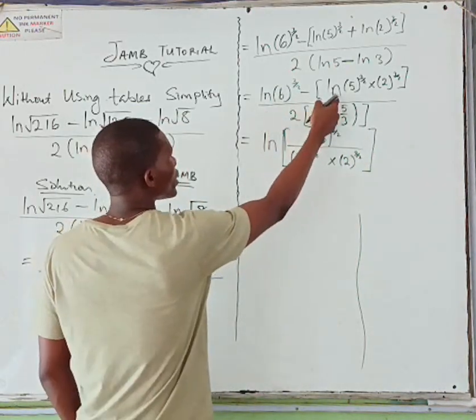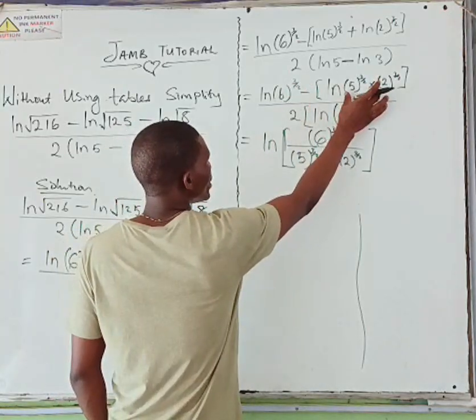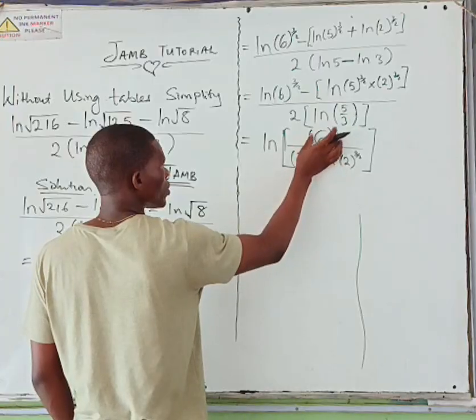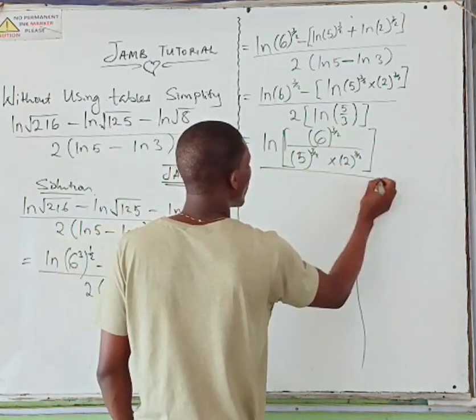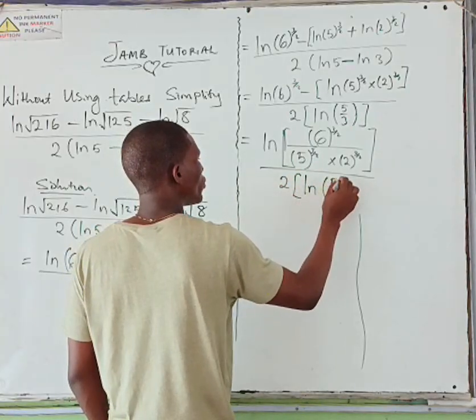That means this over this. Can you see that 6 there? Then we have all over 2 ln 5 over 3.